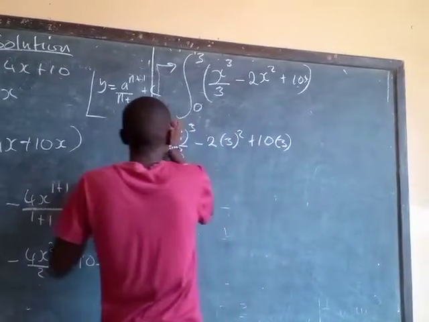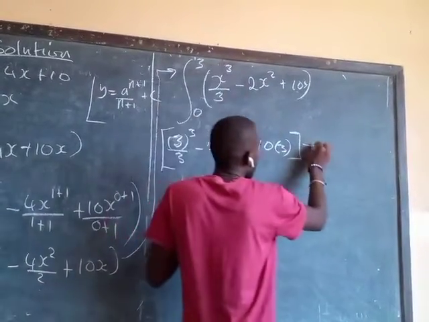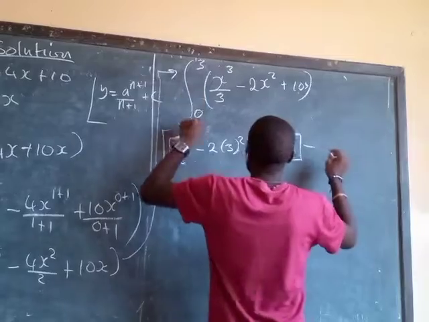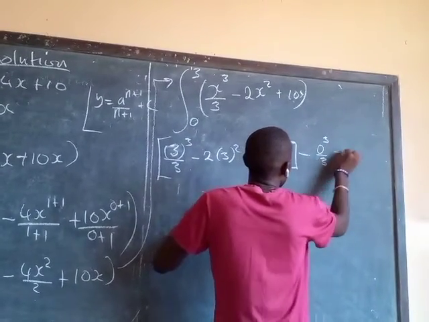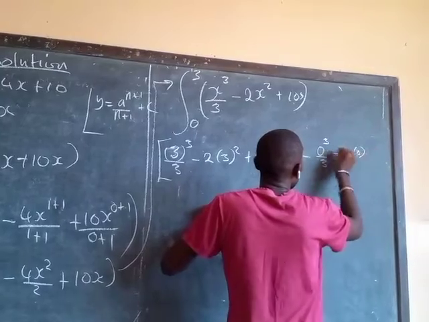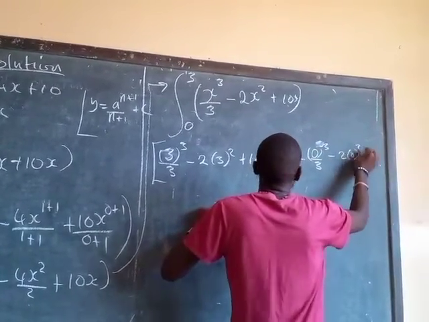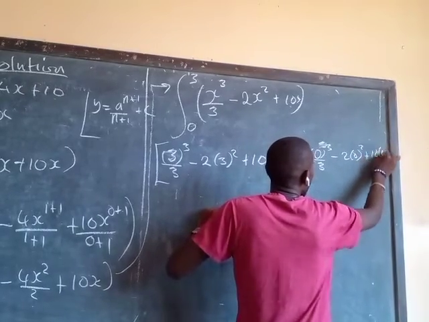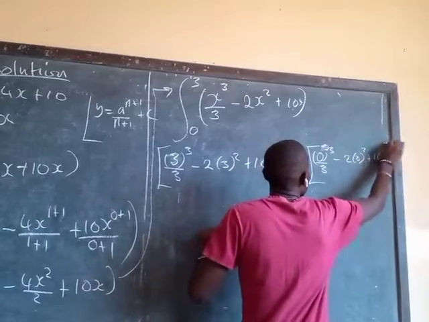So we have this like this, where we have replaced the upper limit, minus, we replace the lower limit, which is 0. So 0 to the power 3 over 3 minus 2 multiplied by 0 to the power 2, plus 10 multiplied by 0. Okay, so you have it like this.